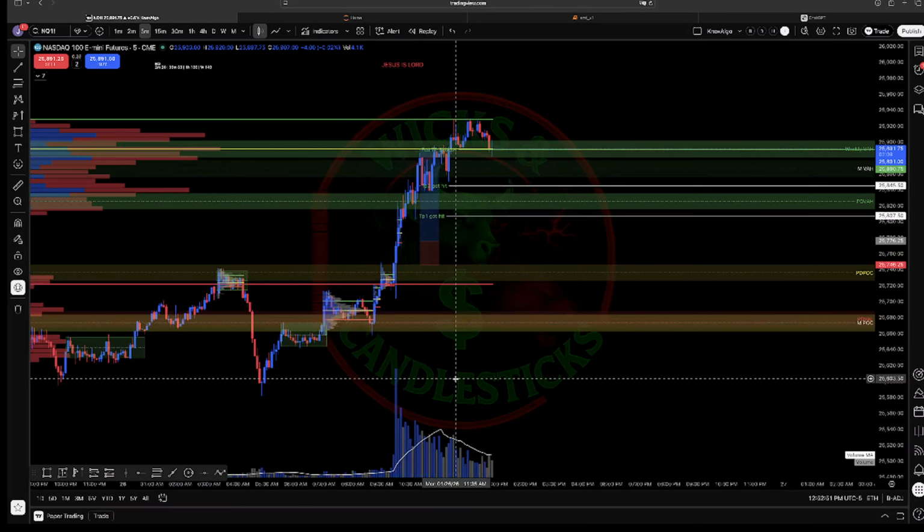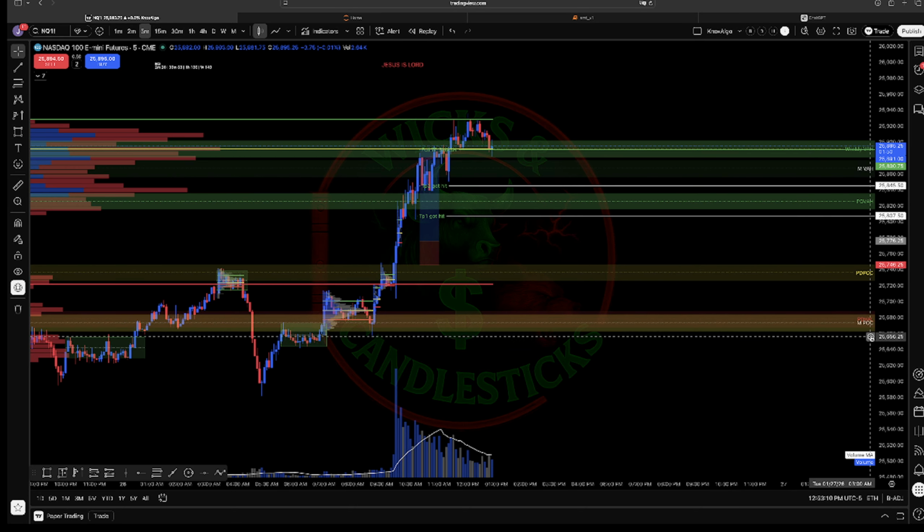And I already know we're on a higher time frame. I want to explain this and stress to you how important it is to trade off the higher time frames and go to the lower time frames for your entry. If you look right here, I have my monthly POC and I have my previous day value area low.